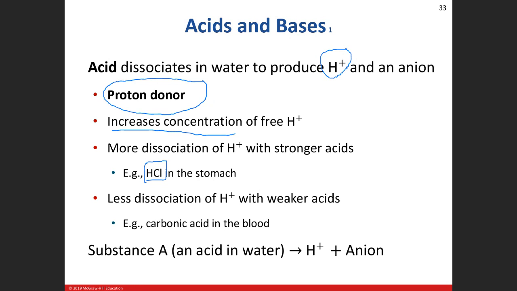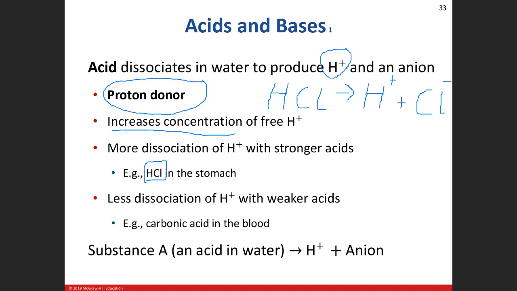So when we look at the chemical equation for hydrochloric acid, HCl, when we add it to a solution, it'll break down into a hydrogen ion, H+, and then our anion, which would be chloride, that'll be our Cl negative. So keep that in mind.